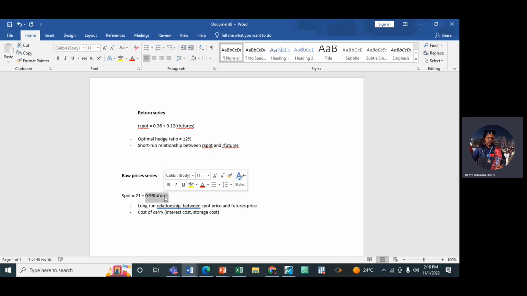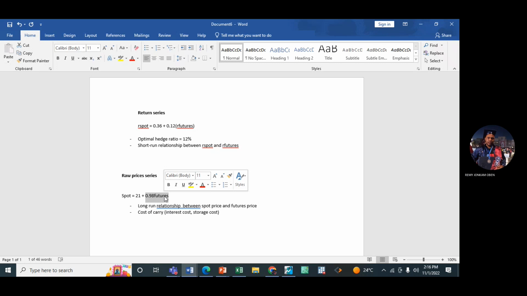Yes, generally, because the futures price is calculated from the spot price. The spot price is the price for immediate delivery, and if you want to determine the futures price or the forward price, you use the spot price as a base, and then you add some things or subtract some things to get the futures price, right?